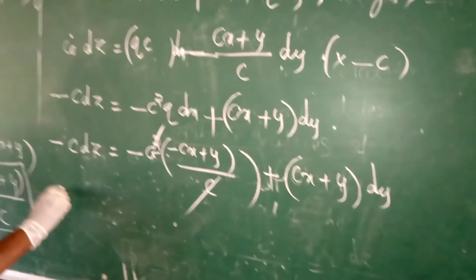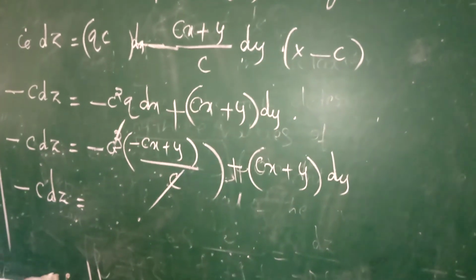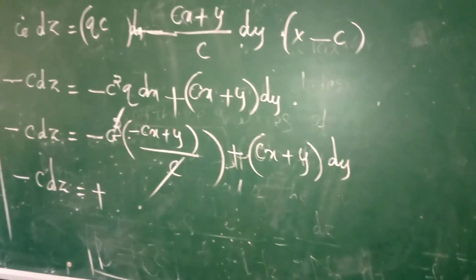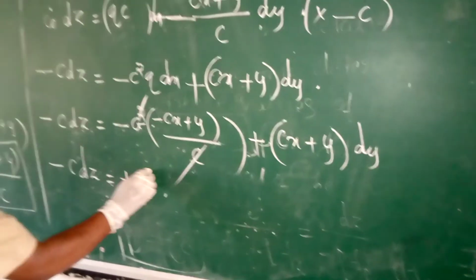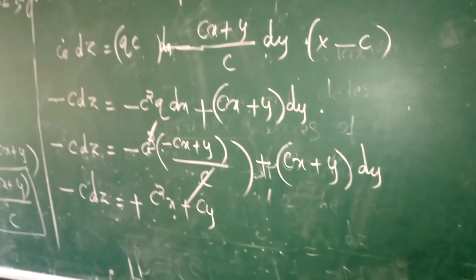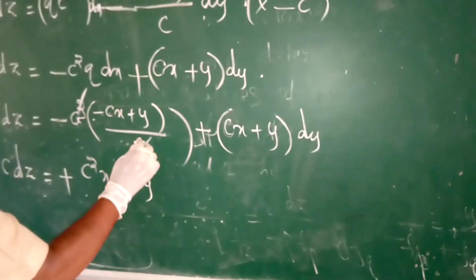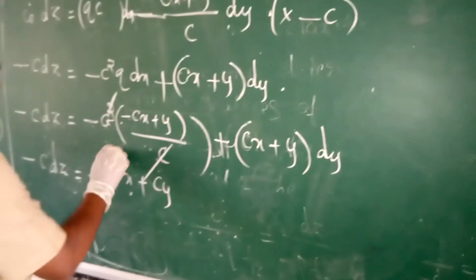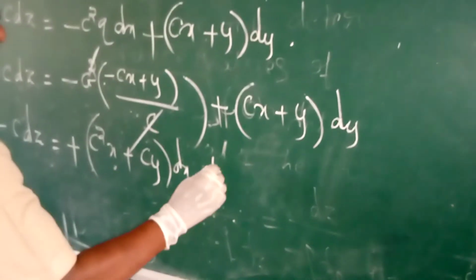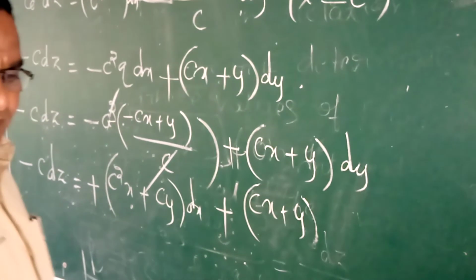Minus into minus is a plus, C gets cancelled. C squared x plus Cy into dx plus Cx plus Y into dy here.